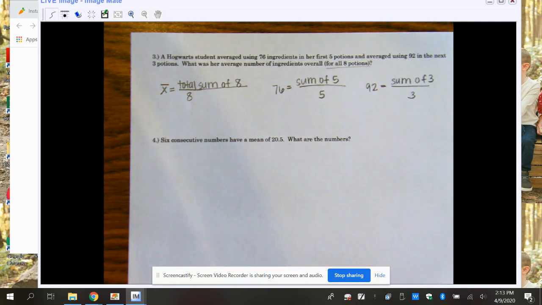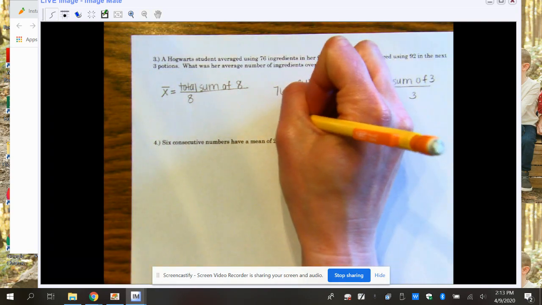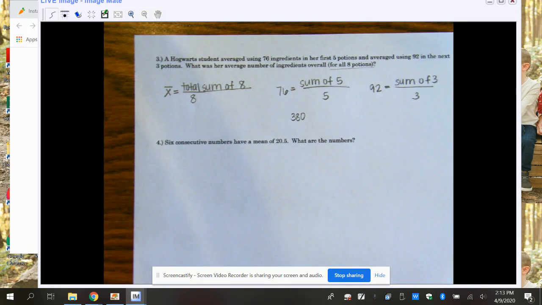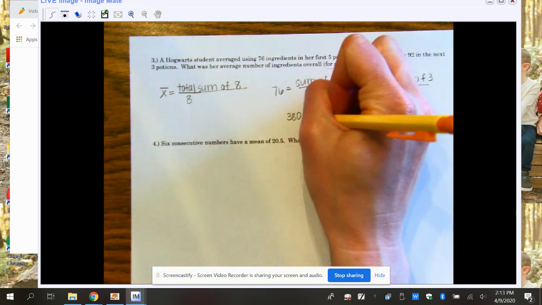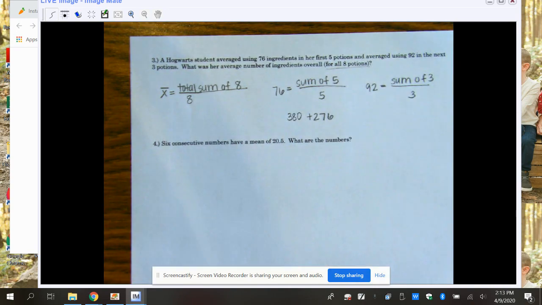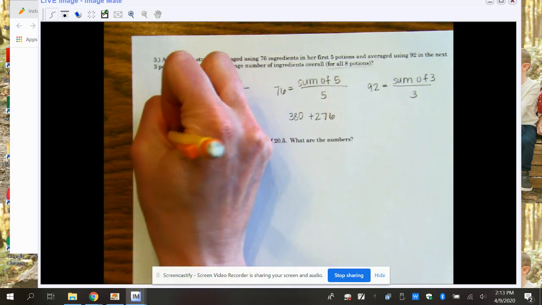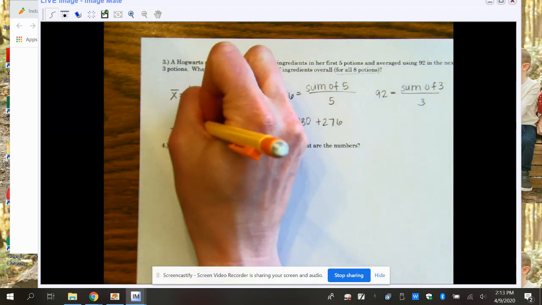So 76 times 5 is 380. And then 92 times 3 is 276. And so when I add those two together, 380 plus 276 is going to be 656.